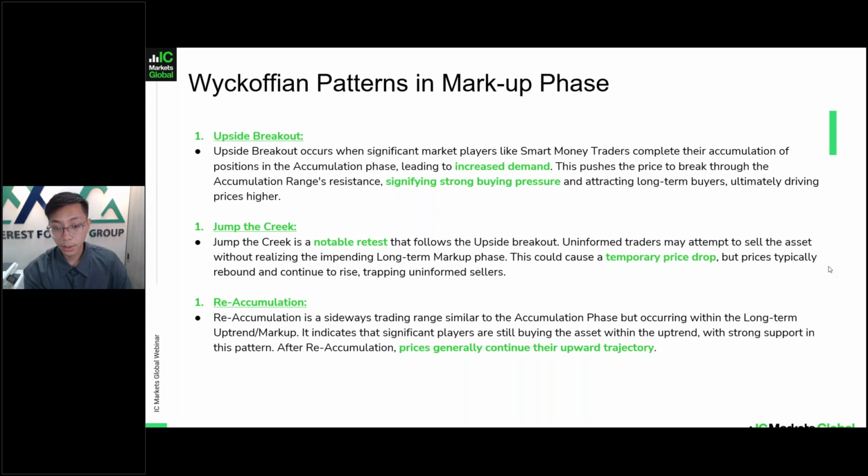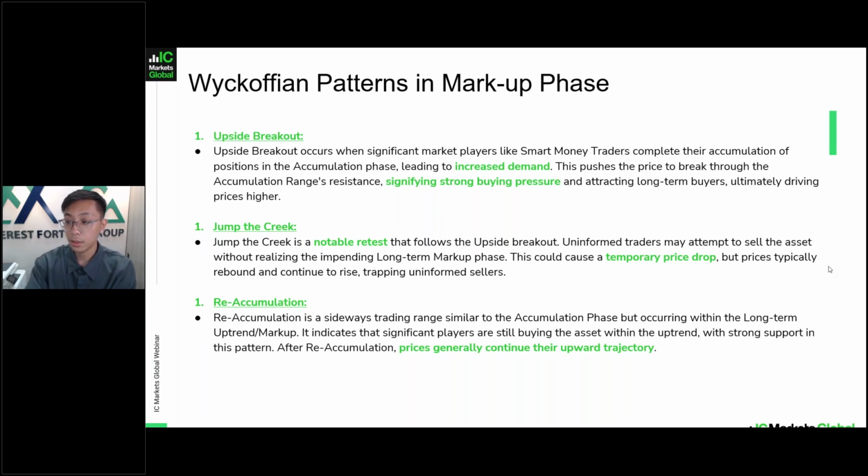And lastly, we have reaccumulation. Reaccumulation is a sideways trading range similar to the accumulation phase, but occurring within the long-term uptrend. So it definitely indicates that significant players are still buying assets within the uptrend with strong support in this pattern, which is right here.